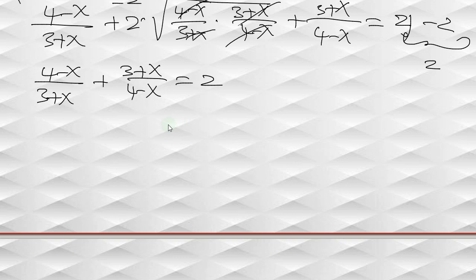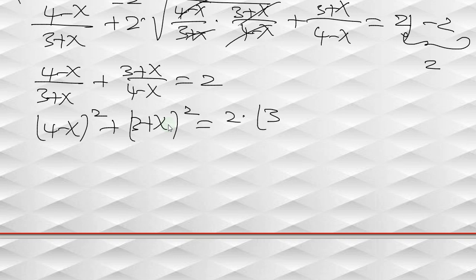And now let's find a common denominator here, right? We're going to have (4 minus x) squared plus (3 plus x) squared, and this is equal to 2 times the product of denominators, 3 plus x, and let me write in the same order, 4 minus x, which multiplies 3 plus x.